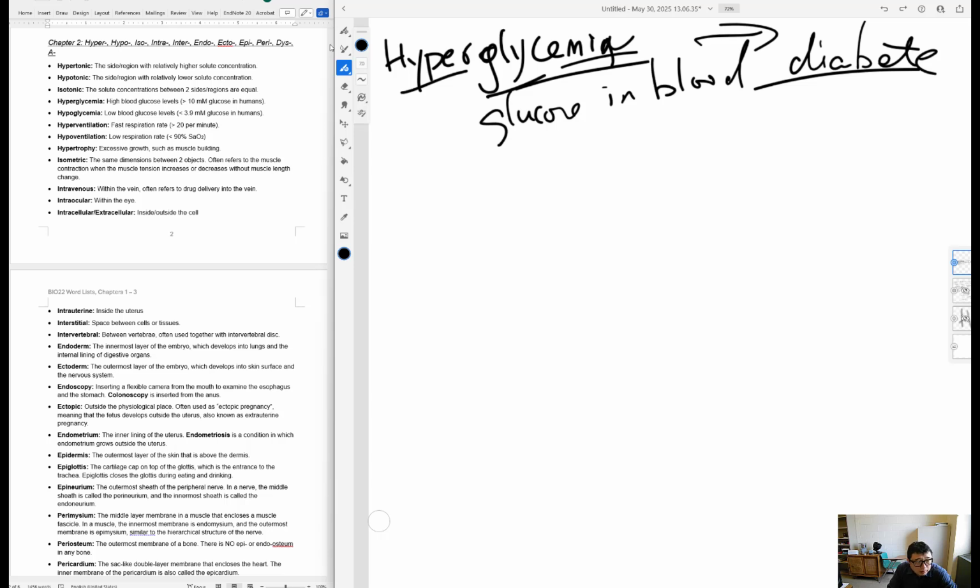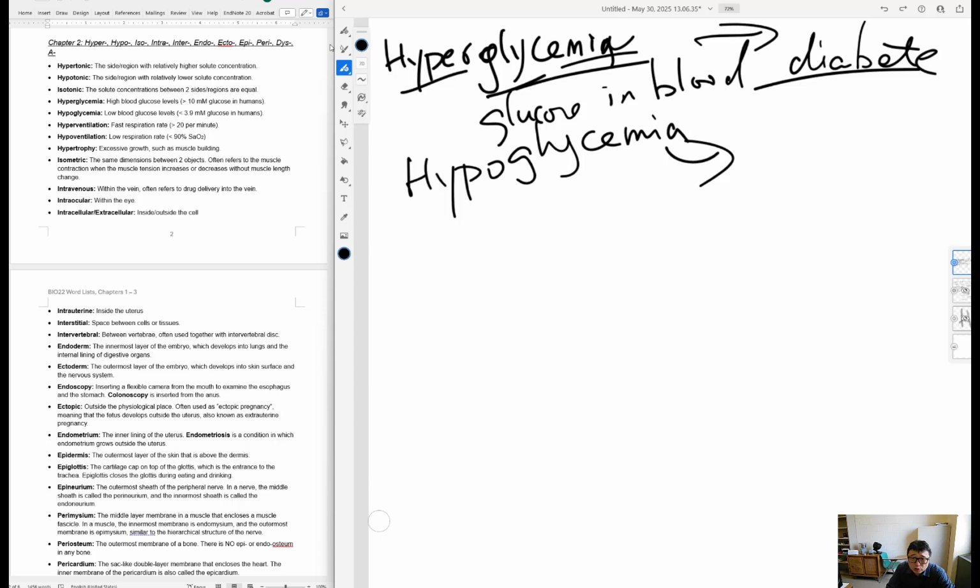However, acute hyperglycemia happens all the time. It's not that dangerous. On the contrary, hypoglycemia is low glucose in the blood. And low glucose is in some cases even worse.